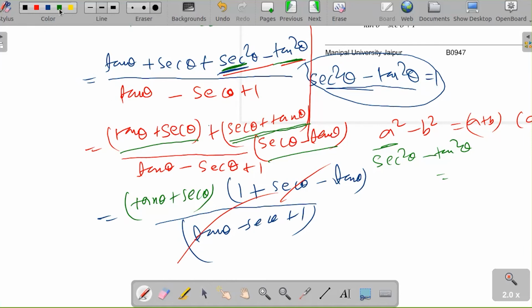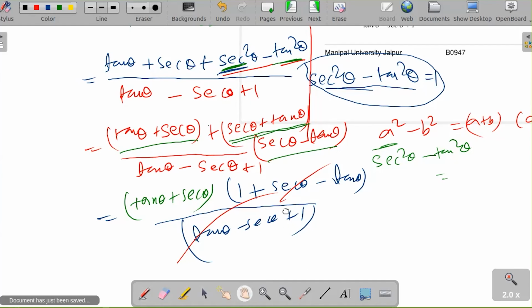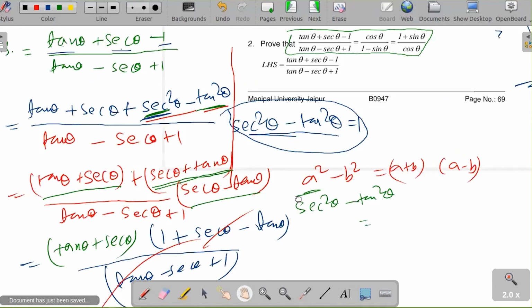Anyone? Can I cancel this? No, bro. Why no? Because there is plus tan theta and minus sec theta in the denominator, and they are not same. Right. So I think I made a mistake. We are learning together.